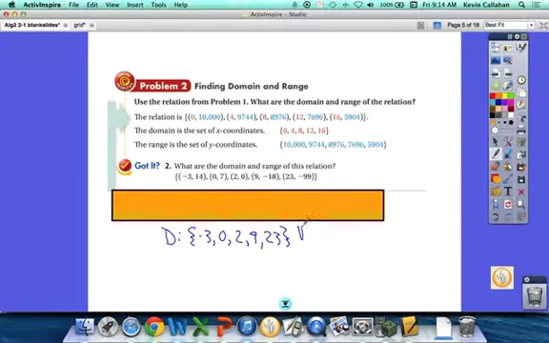What is the range? Right, just list them. 14, 7, 7, 0, -18, and -99.